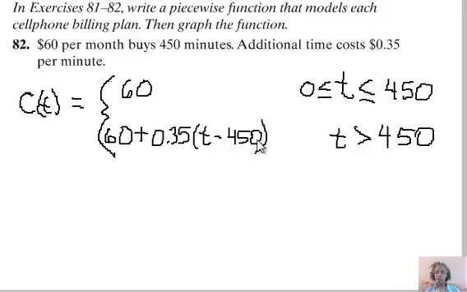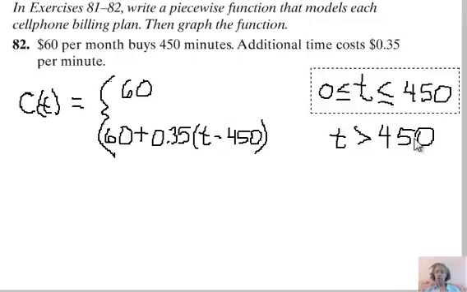How do I get this quantity to become 1? I would subtract 451 minus 450. If you're a little unsure if you've gotten this right, just try a few values to see if what you've written actually makes sense.